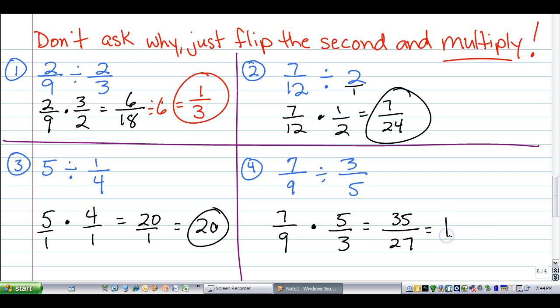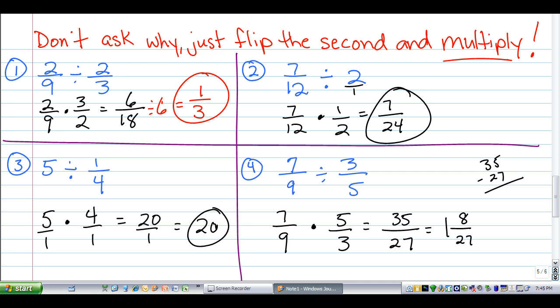It can go in one whole time. And what's left over? Now, if you want, you can plug into your calculator 35 minus 27 and see what you get, and you will get 8. And the denominator stays the same.